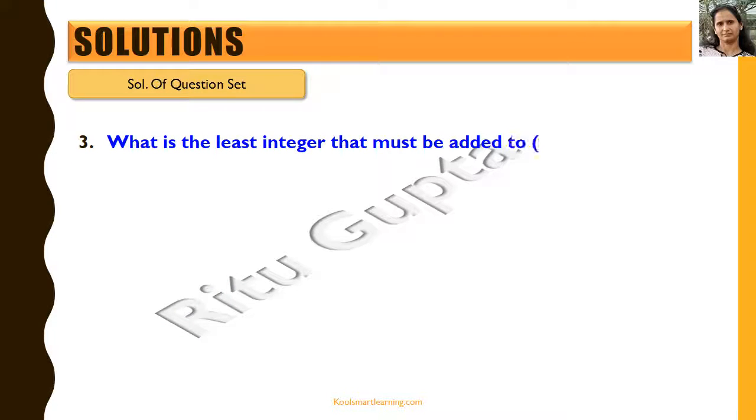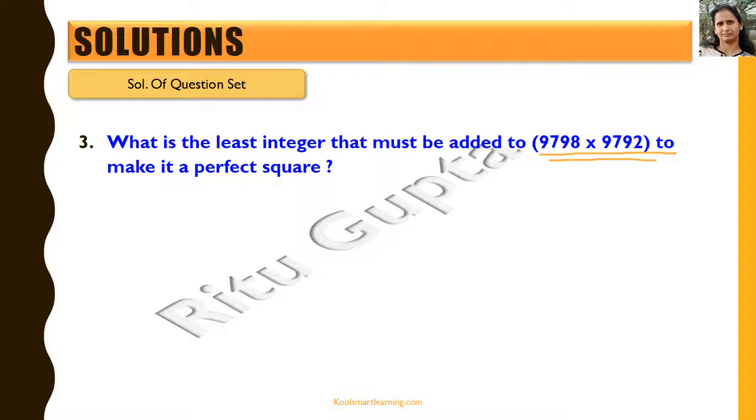Let's now look at the third question. We need to find the least integer that must be added to the product of 9798 and 9792 to make it a perfect square. So clearly 9798 multiplied by 9792 is not a perfect square. Now what is the least integer that we add to it to make it a perfect square?